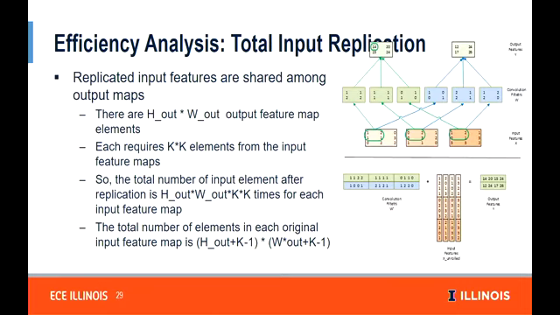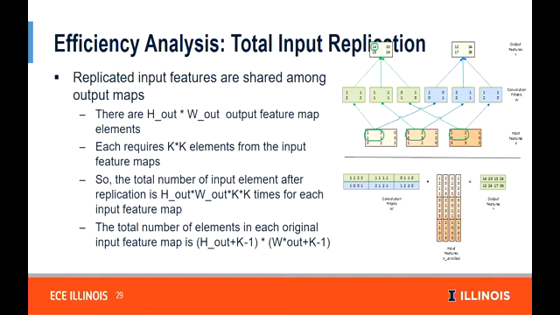Remember that? We are generating one unrolled matrix for all the output feature maps. They're only going to be used by the different rows, right? Remember the different rows of the weight matrix when we do the multiplication. Okay? All make sense so far? Okay, we're all still together, right? Okay, good. So the total number of input elements after replication will be H out times W out times K.